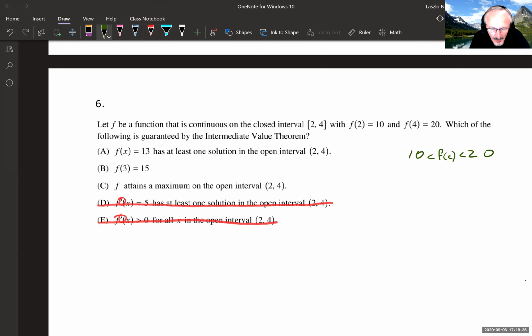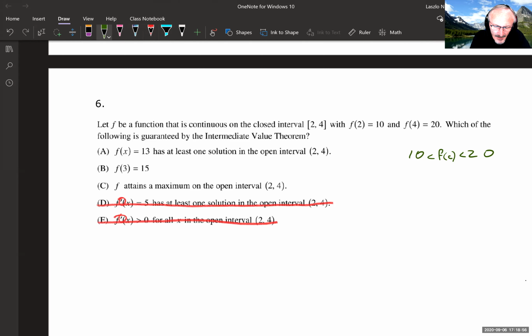Again, which of the following is guaranteed by the intermediate value theorem? Please keep in mind that when something is guaranteed, it must happen. If there's one exception, then it is not true. Guaranteed must mean absolutely.